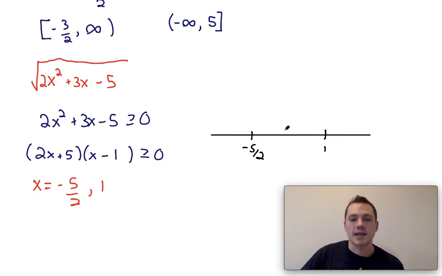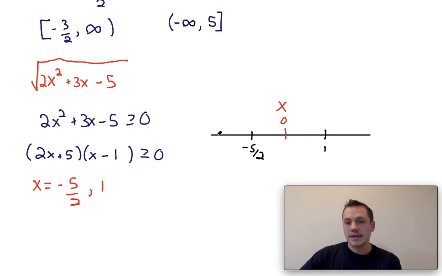So I'm going to start by plugging in a number right in the middle. I'm going to plug in 0. If I plug in 0 to the original equation, this term becomes 0, this becomes 0, and then minus 5 is going to be negative 5. Now, negative 5, well, that's not greater than or equal to 0. So I'm going to go ahead and put an x in this region here.